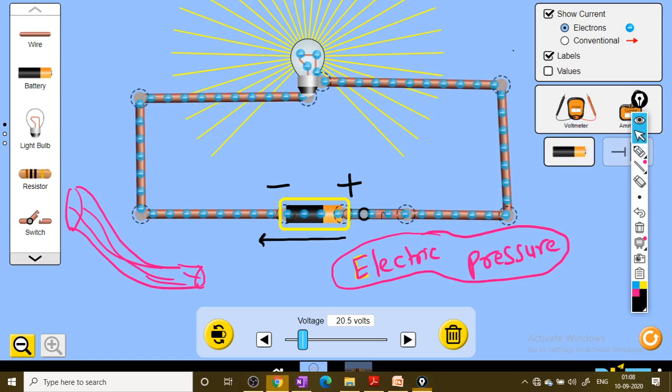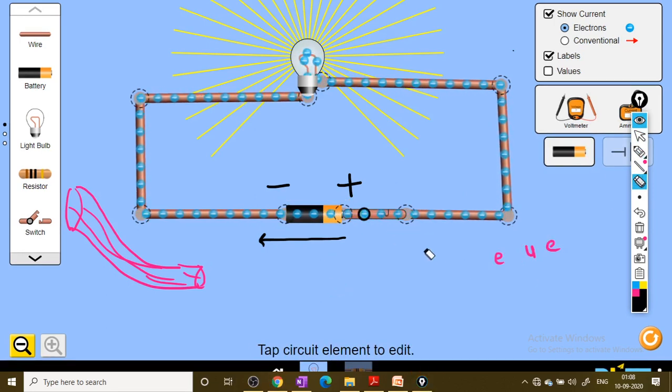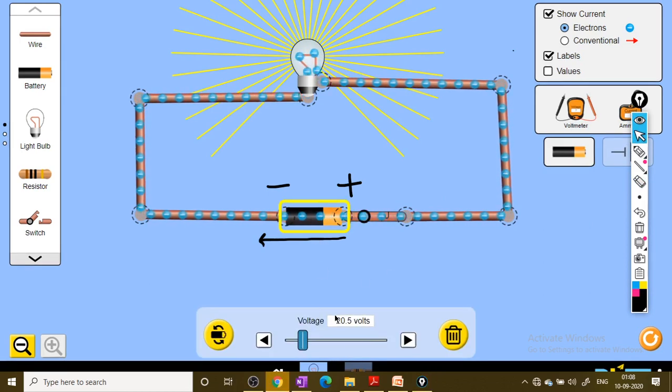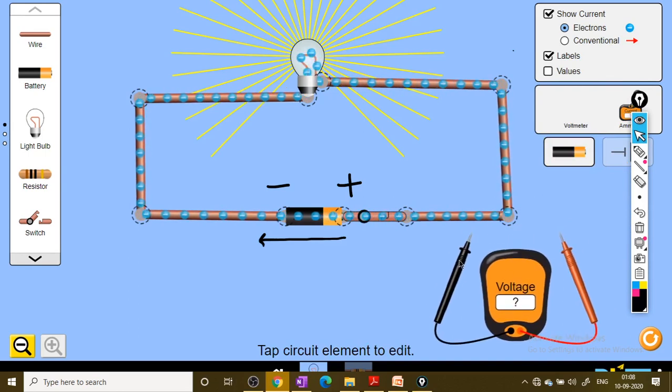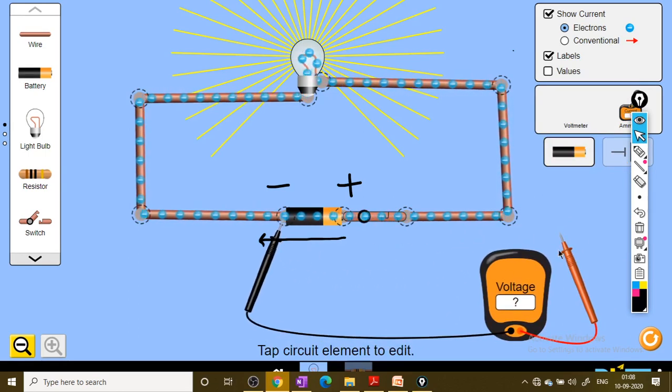Because of this potential difference, the electrons are moving here. Now this potential difference we can measure with an instrument known as a voltmeter. This is a digital voltmeter.